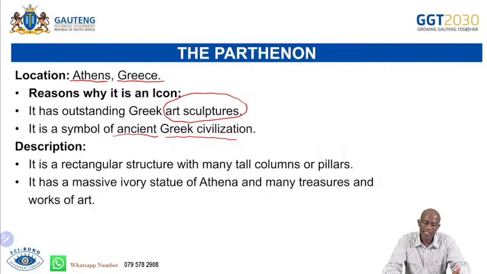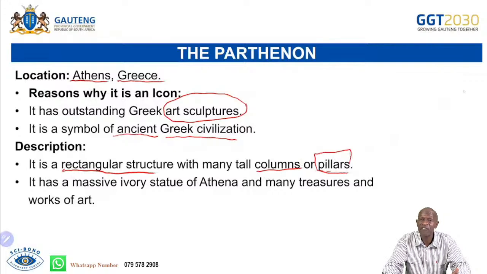Description: it is a rectangular structure. It's a four-sided structure with many tall columns or pillars. Pillars are anchors that are placed in a building to give support to the structure, to give support to the roof.